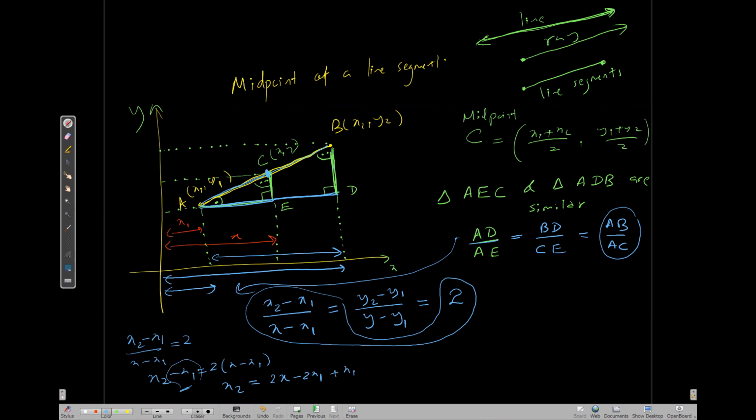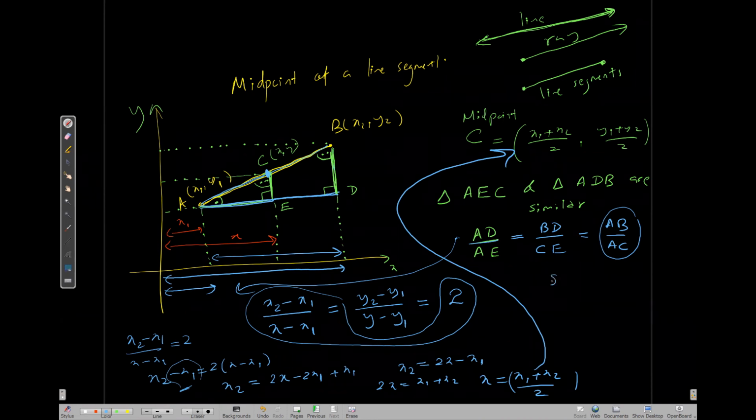What I am having here is x2 equals 2x minus x1, and when I take x1 to this side, 2x equals x1 plus x2, and x equals (x1 plus x2) over 2. Similarly, when I take the other part, I will get y equals (y1 plus y2) over 2. That's how the formula is coming from.